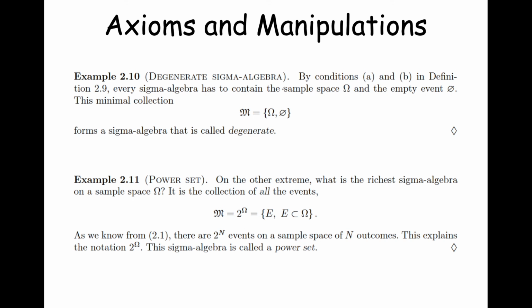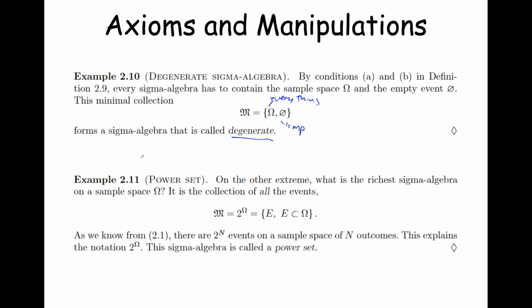And so every sigma algebra, based on the conditions that we defined about the everything event, here's my everything, and its complement, well, that means the sigma algebra, the simplest it can be, the degenerate case, is saying if I roll a die, any outcome of the die can occur, or no outcome of the die can occur. That's the simplest, or the degenerate sigma algebra.